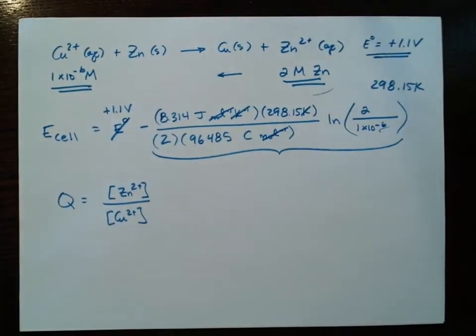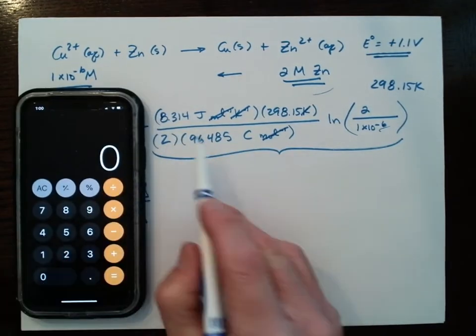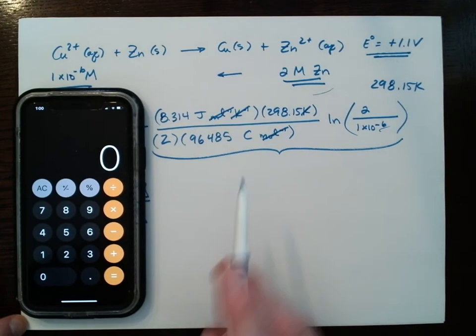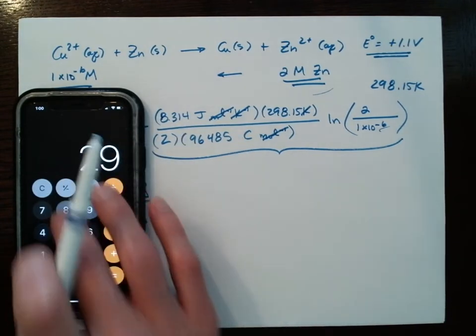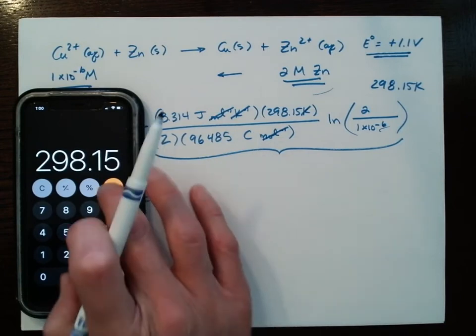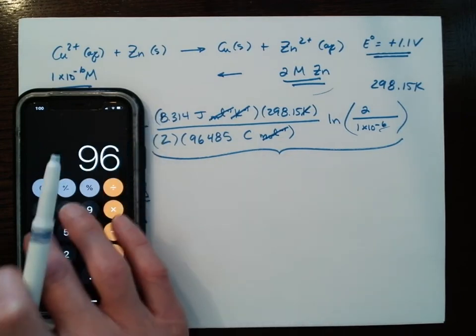Now all I've got to do is make sure I do the arithmetic correctly with my calculator. All right, let's give it a shot. There's quite a bit of calculation to do. I think I'm going to do this whole thing out here in front first. So I'm going to do 8.314 times 298.15. I'm going to divide that by 2. I'm going to divide that by 96,485.